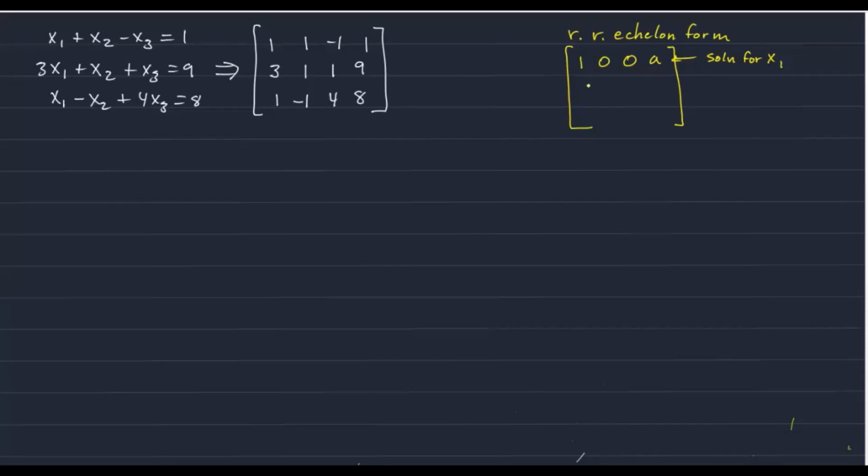In our next row, our 1 is going to be indented to the right by 1 column, and we'll get another constant that's yet to be determined, and that'll be the solution for x2. And then in the last row, the lead 1 is indented 2 columns, and the constant that is to be determined is the solution for x3. So this is the form we seek to transform this matrix to.